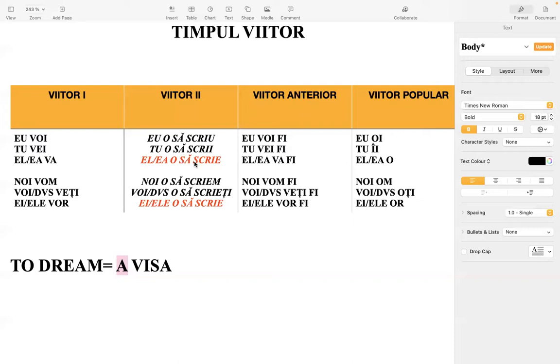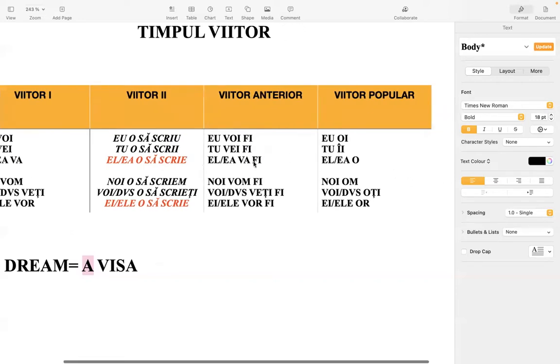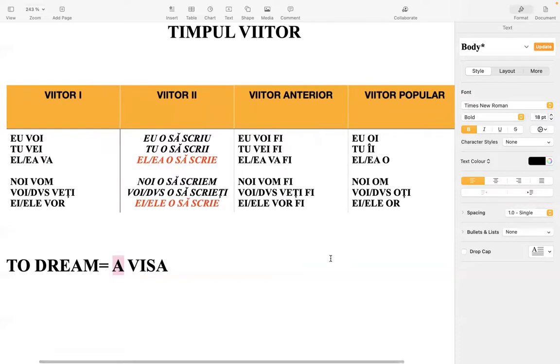The third person singular is going to be all the time the same as the third person plural. This one is good to know, but as I said, they are mentioned only in novels and poems, so you can just focus on the viitor 1 și viitor 2, and then further you can have a look at them, because you are not going to use them as often as you're going to use the first and second future.